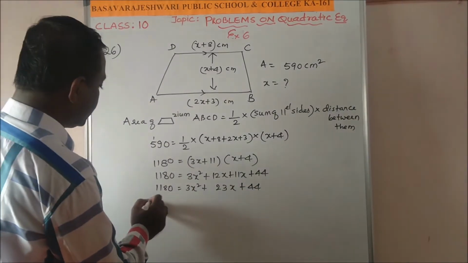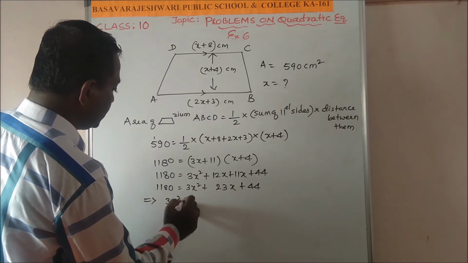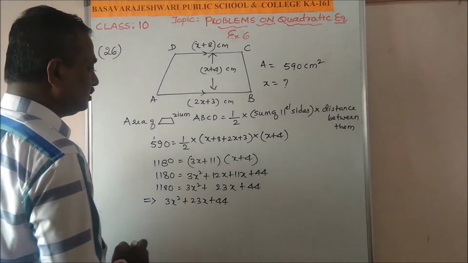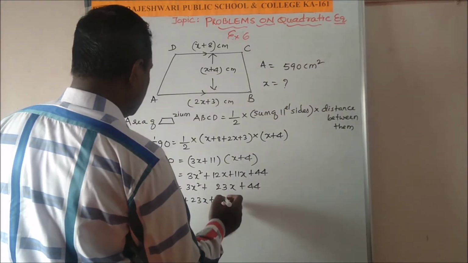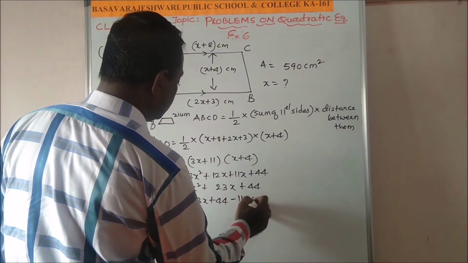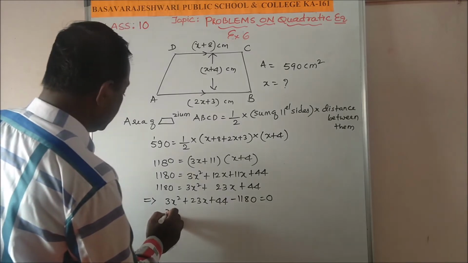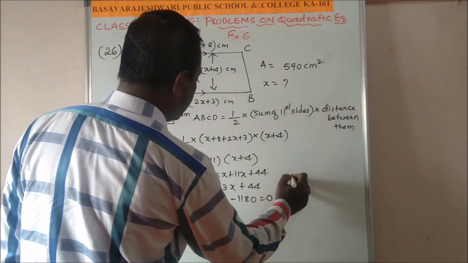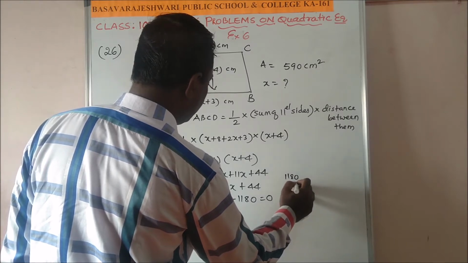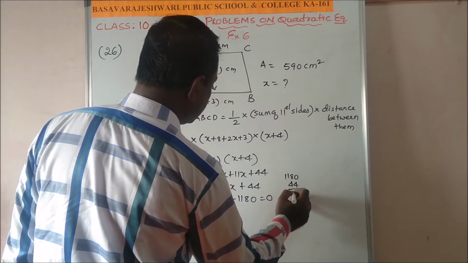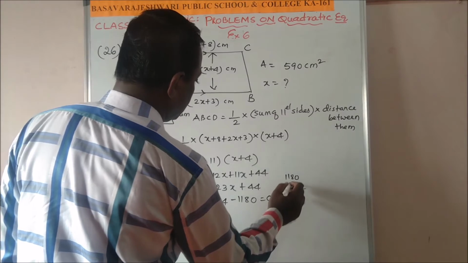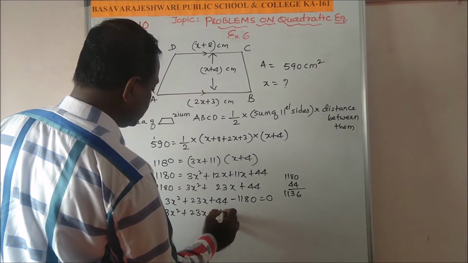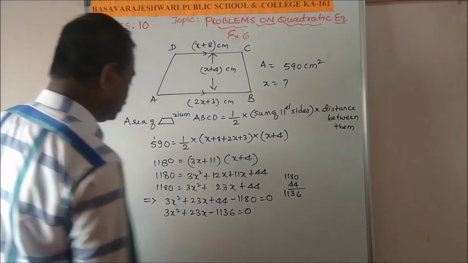So this implies 3x square plus 23x plus 44 minus 1180 is equal to 0. 3x square plus 23x, 1180 minus 44 is 1136, equal to 0.